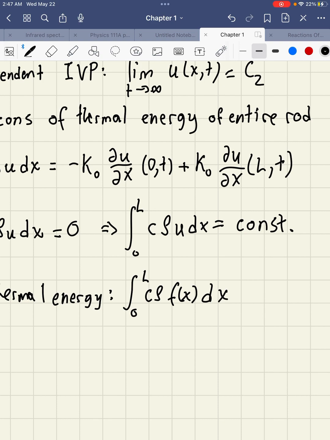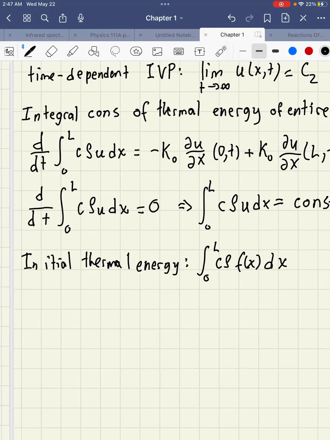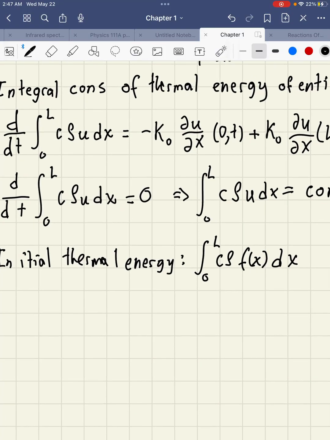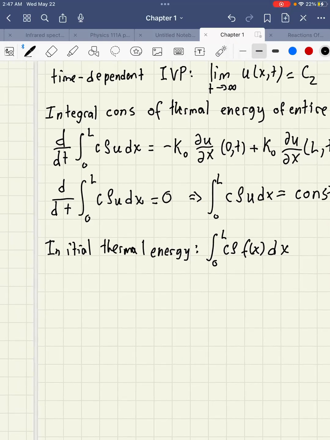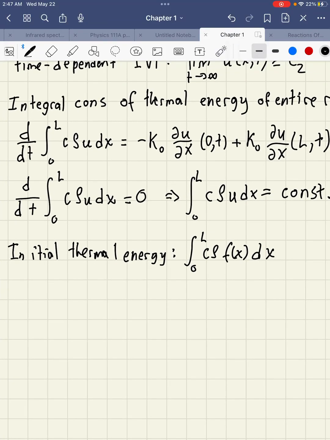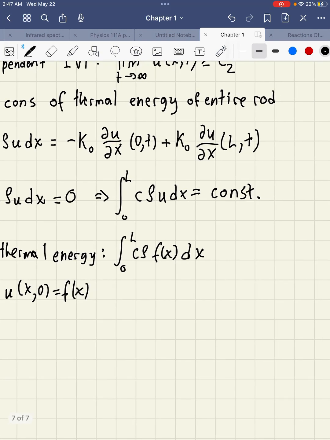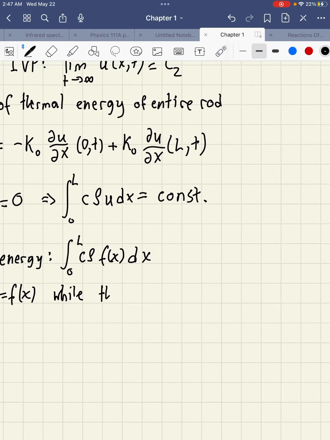Now, if I equate this, and since u of x, 0 is equal to f of x, now the equilibrium thermal energy.